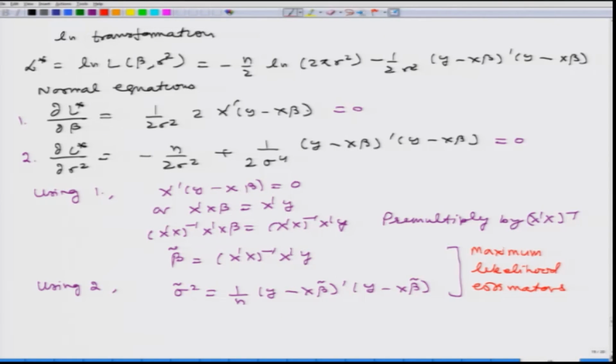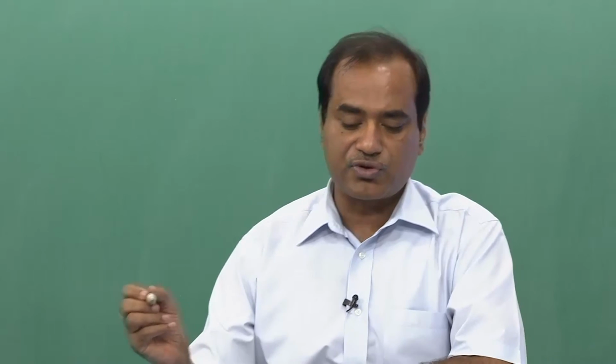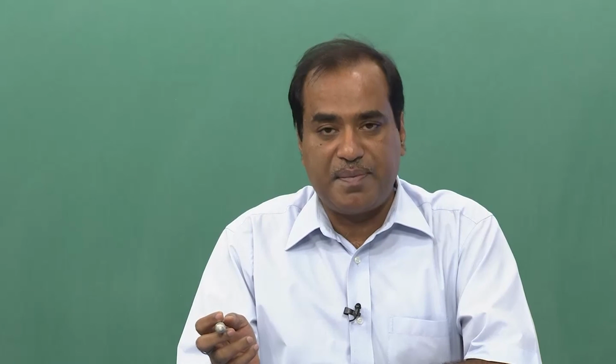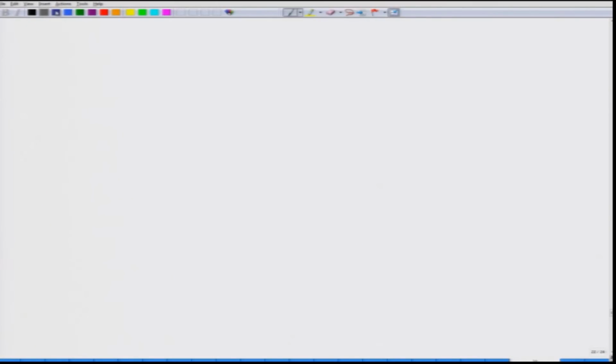We still need to show that beta equal to beta tilde and sigma square equal to sigma square tilde really maximize the likelihood. In order to show this, we obtain the second order partial derivatives with respect to beta, with respect to sigma square, and with respect to beta and sigma square together.